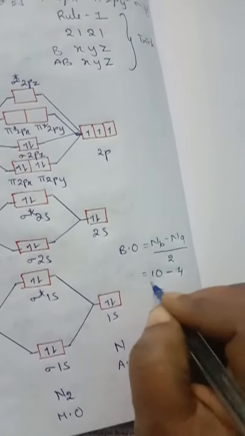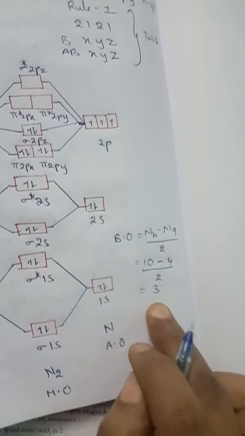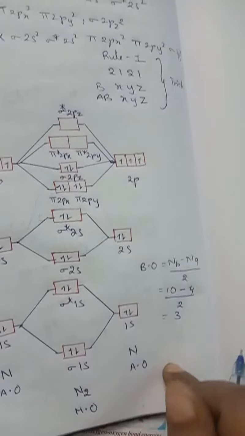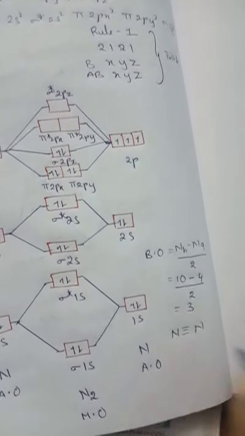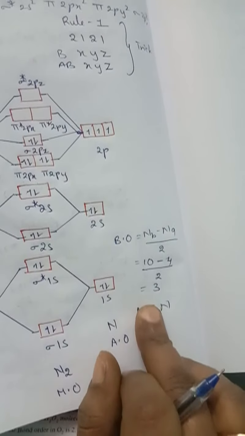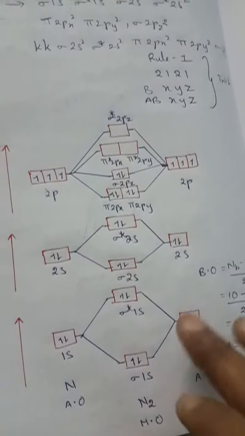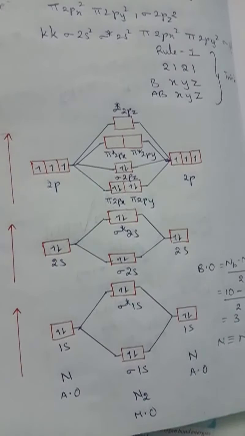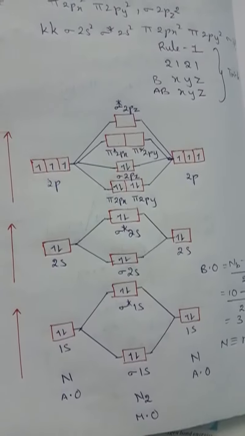So 10 minus 4 by 2 equals 3. The bond order is 3. That is the reason nitrogen forms a triple bond with the other nitrogen. Why does it have a triple bond? Because the bond order is 3. I think you understood how to draw the molecular orbital diagram for the N2 molecule.